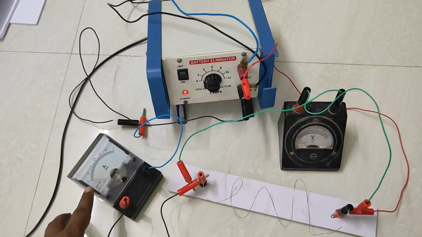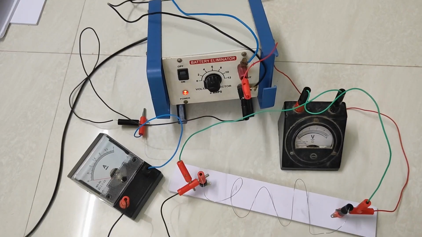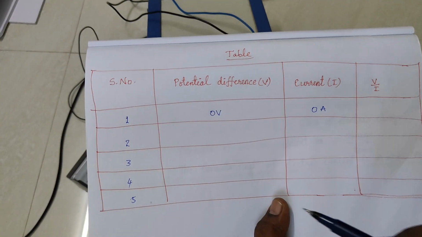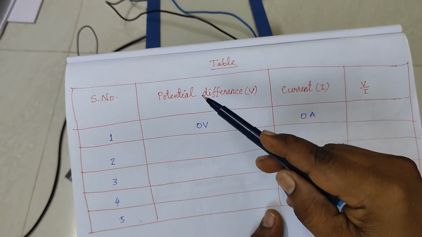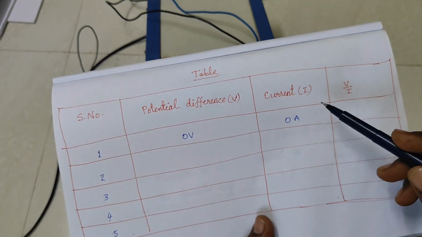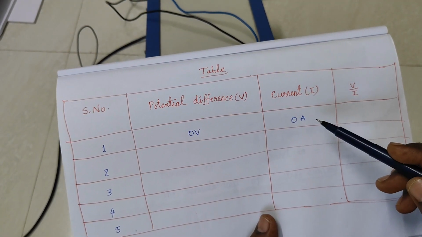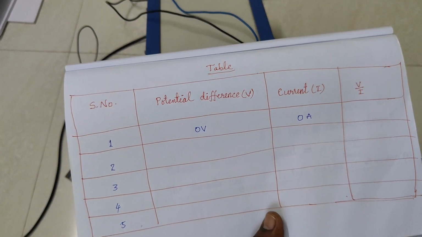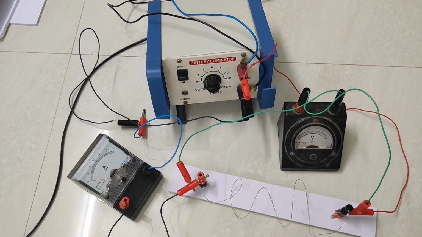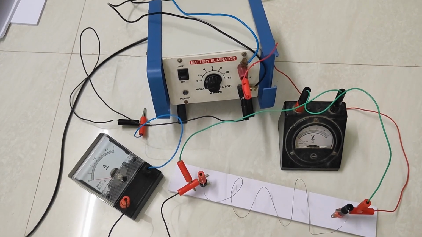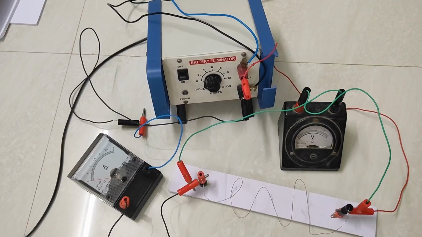So the voltmeter shows 0 volts, the ammeter shows 0 amperes. This means when the potential difference across the wire is 0, the current is also 0, since potential difference is needed for the flow of current.